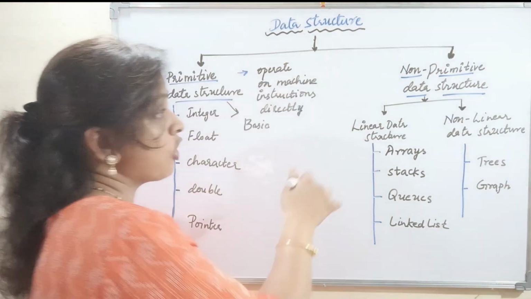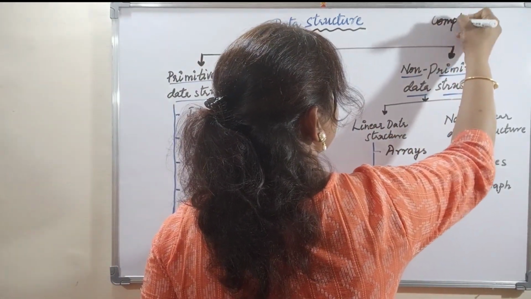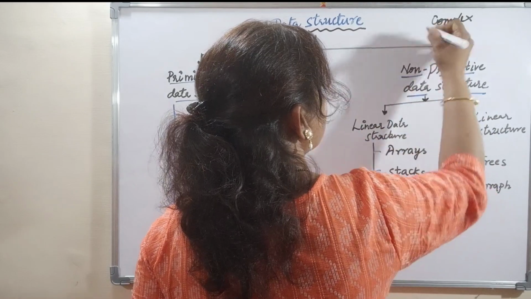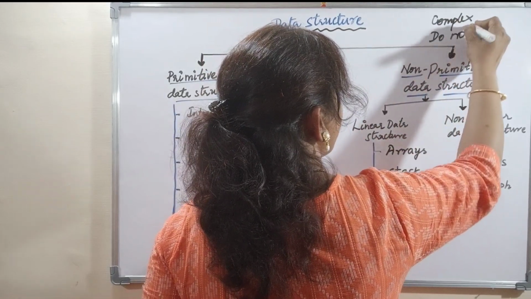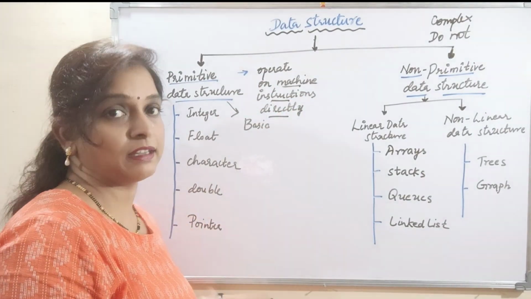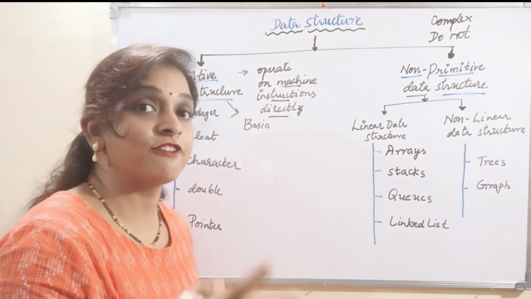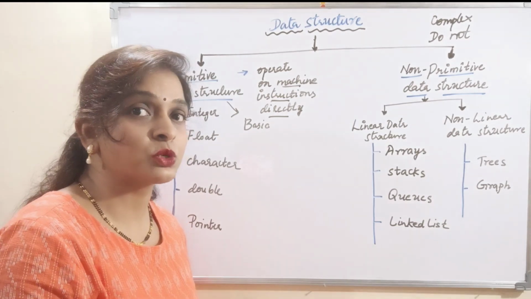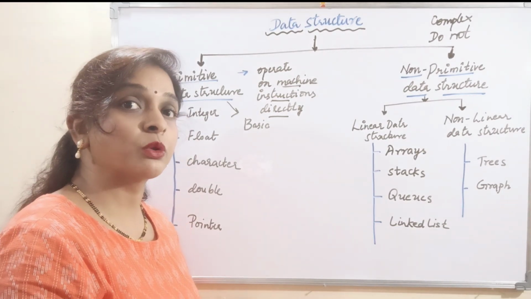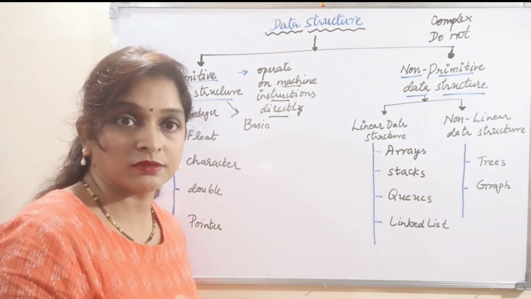But non-primitive data structures are called complex data structures, and they do not operate on machine instructions directly, but they follow the user instruction. There are different formats where the user is going to decide how the memory has to be used.